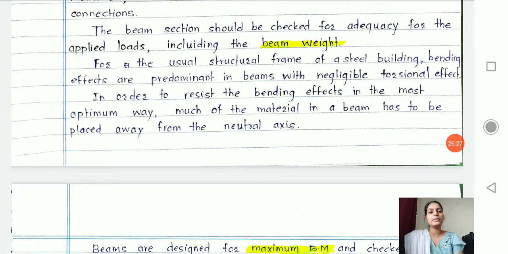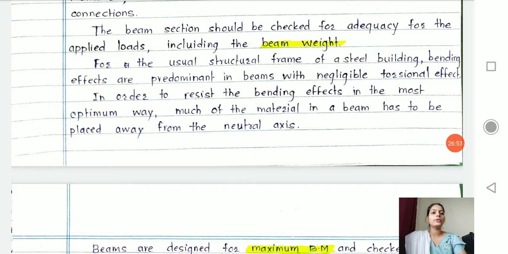So in beams, the main thing which may make our section fail is the bending action, which is predominant in beam sections, and other things are negligible. Sometimes we have to take care of them too, but we check them for safety.